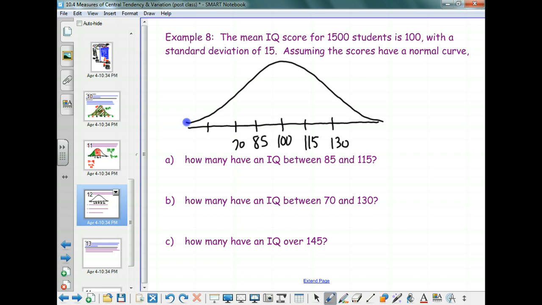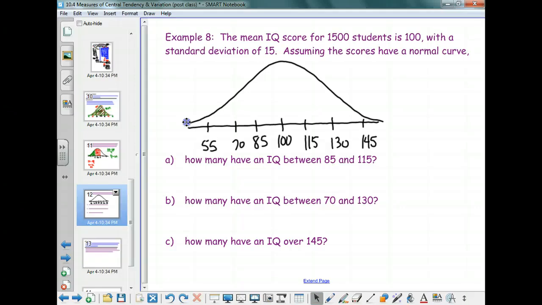Okay, let's do one more. 55 and 145. So this is my picture with all of them filled in. First question I want to ask you is look at the way the question is worded compared to the last slide. What's different?